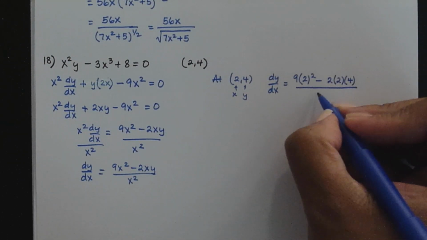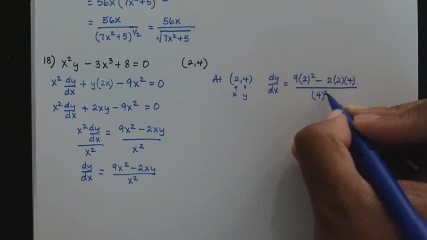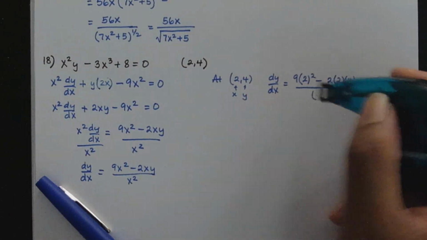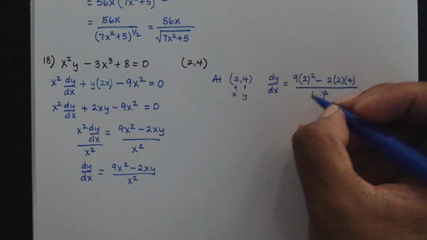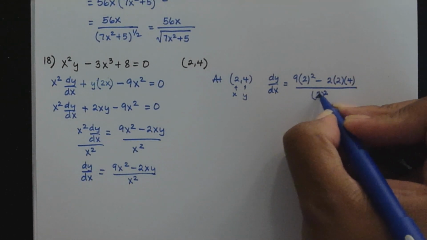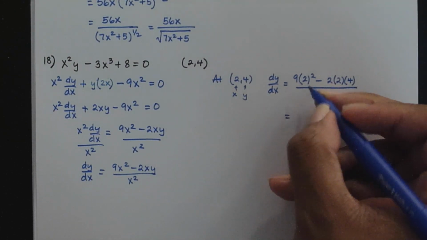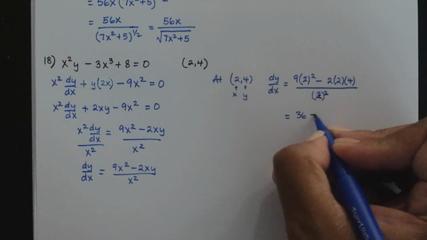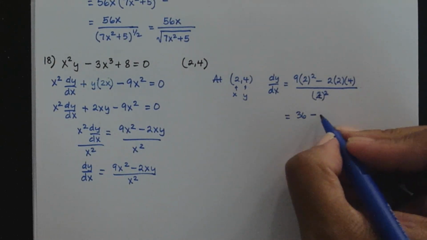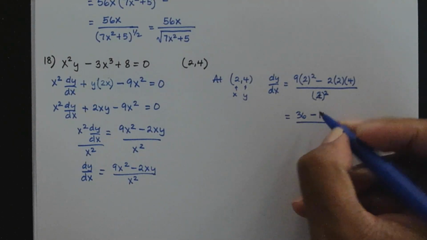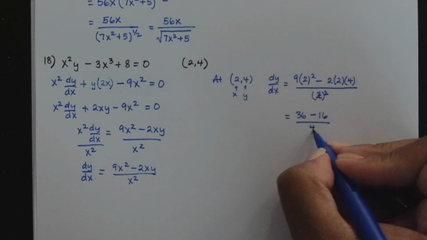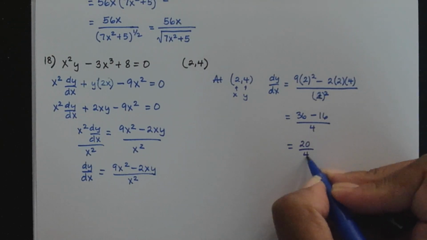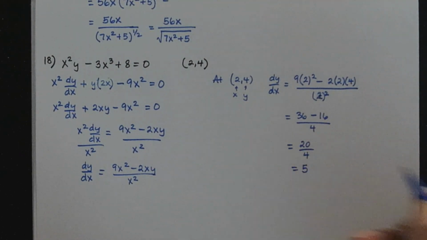All that's divided by x squared, and x is 2, and we're squaring it. So if I do 2 squared, that's going to be 4, times the 9 would be 36, minus 2 times 2, that's 4, times the 4 I have here, that's 16, over 2 squared is 4. Then 36 minus 16 will be 20. 20 divided by 4 gives me 5.